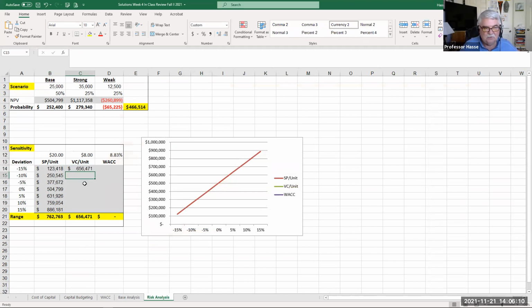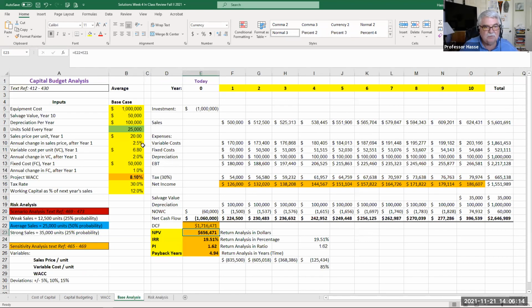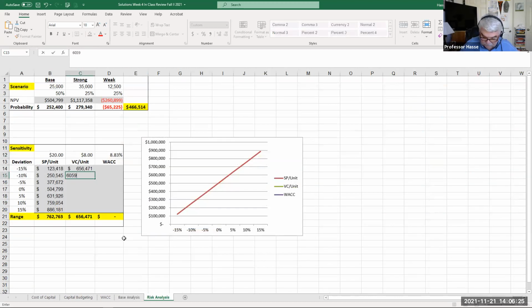Now we'll do that just like we did for the selling price. Notice this is the only variable I'm changing. So a 10% reduction in variable cost, 0.9, 605,914. And now we start the second line coming. It's going the other direction because it's an expense.